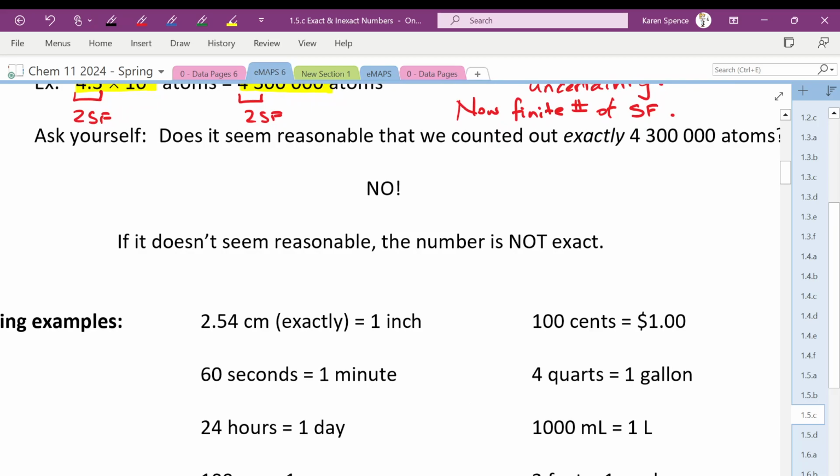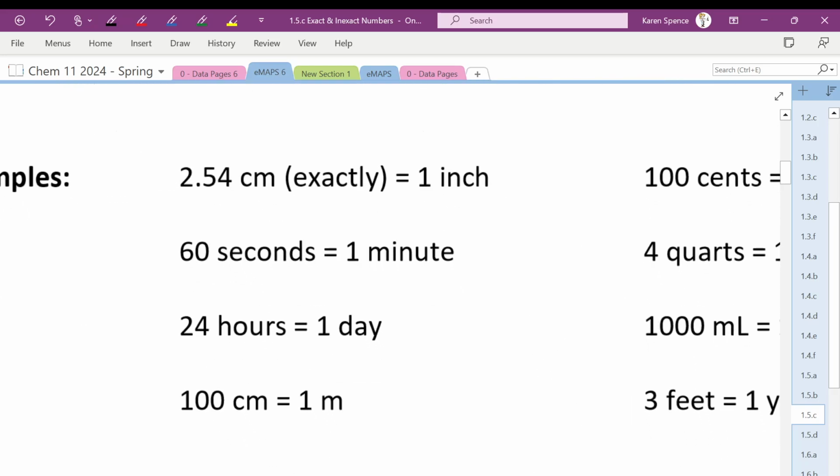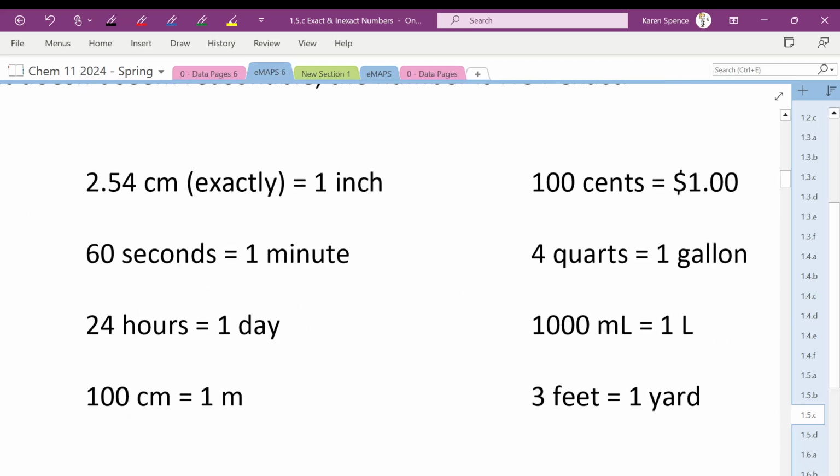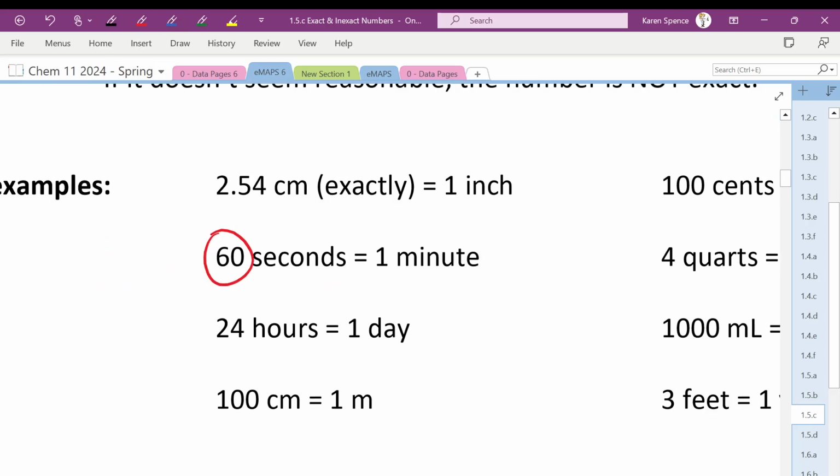Now, things which are defined. 60 seconds equals 1 minute. Are we wondering if there's 60 seconds in a minute, or are there exactly 60 seconds in a minute? There's exactly.